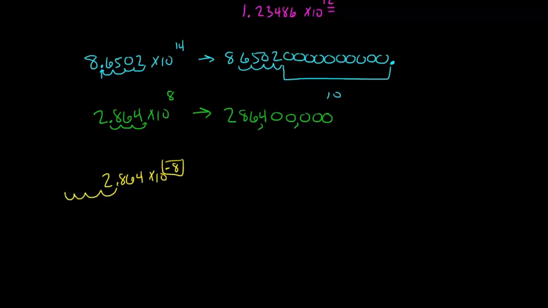What I see here is I moved over 1 position, 2 positions, 3, 4, and I need to move another 4: 5, 6, 7, 8. So I would have 0.0000002864.